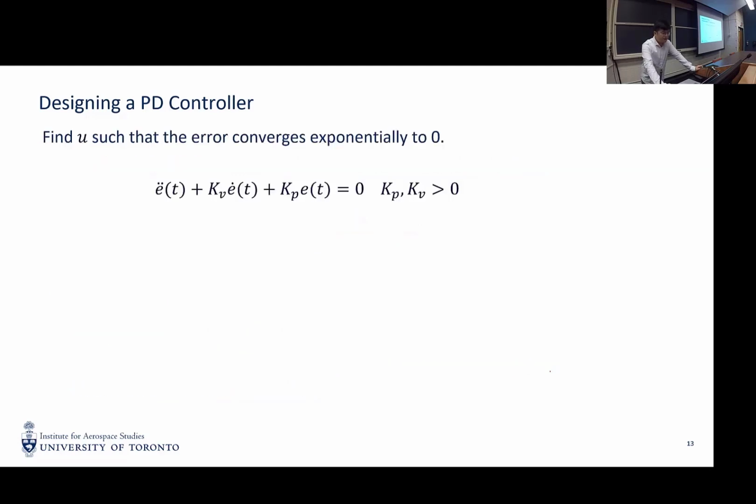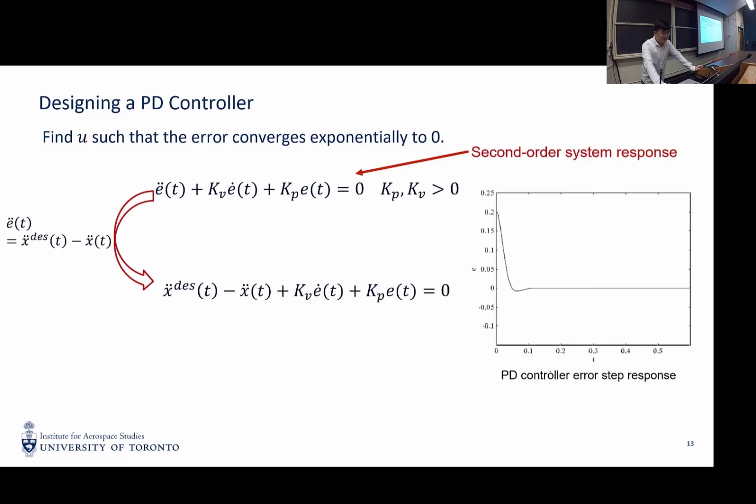And how do we do that? If we want the error to go to 0, maybe this error and also the derivative and the second derivative of this error form something called a stabilized second order system.